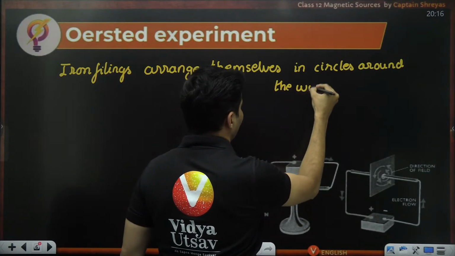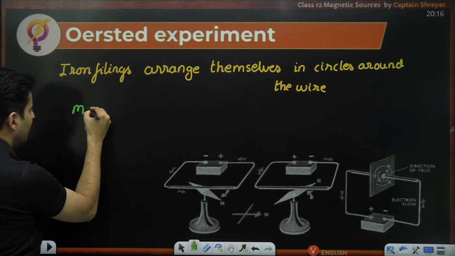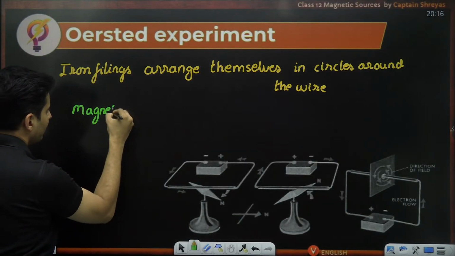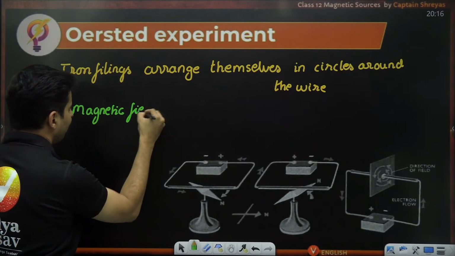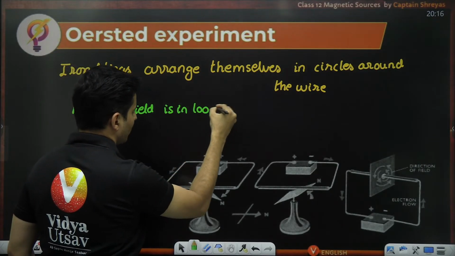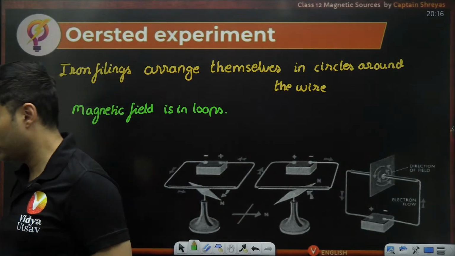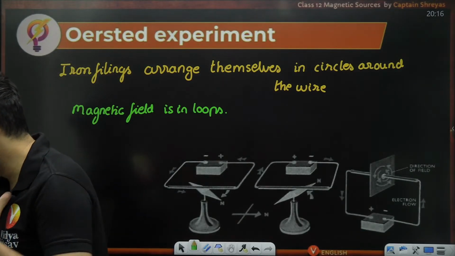What did this prove? That the magnetic field is in loops. That is what it proved. Till this point, absolutely clear?